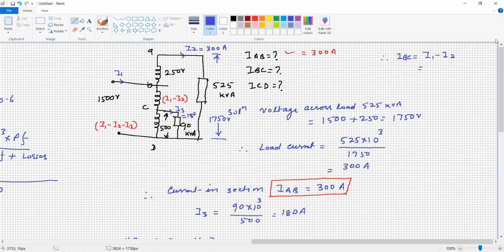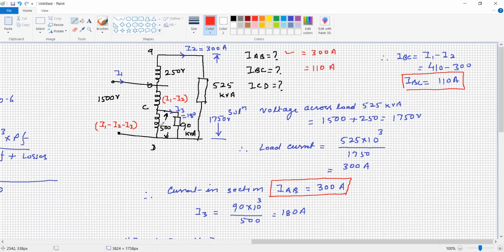I1 we have just calculated, it is 410 ampere. 410 minus current 300 is equal to 110 ampere. So IBC is equal to 110 ampere.